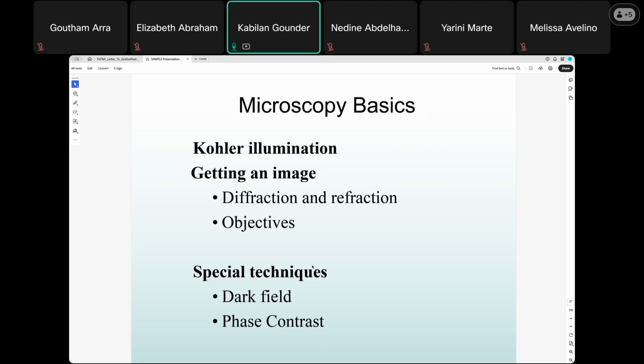Also, how we are going to get the images, we will discuss later. What are the different techniques in the bright field microscope? The light microscope, dark field microscope and phase contrast microscope; these two important techniques will give you a lot of information about your samples.